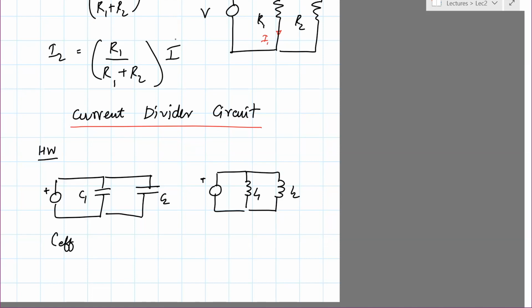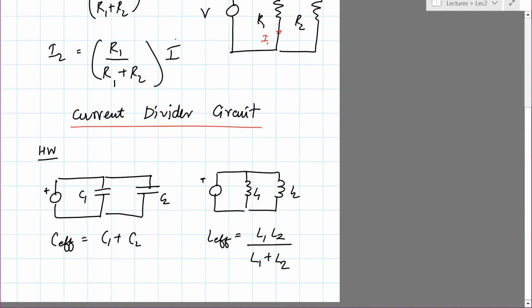C effective in this case is going to be C1 plus C2. And L effective is going to be L1 times L2 divided by L1 plus L2. Okay, so you can try that. It's just applying KVL, KCL for that circuit.